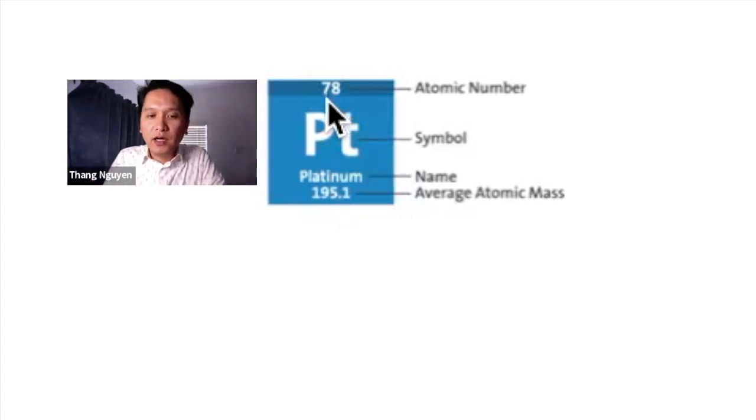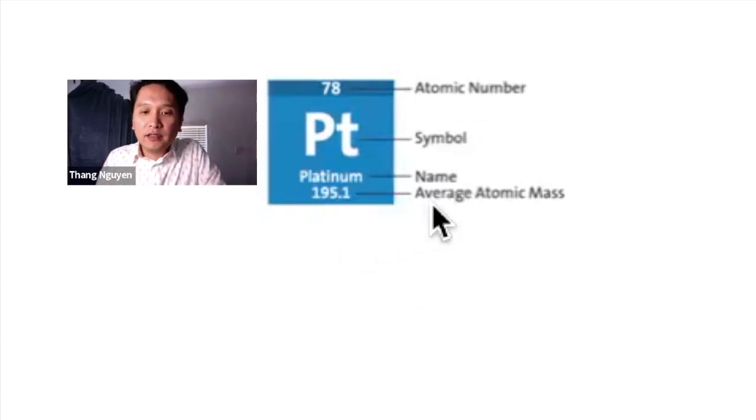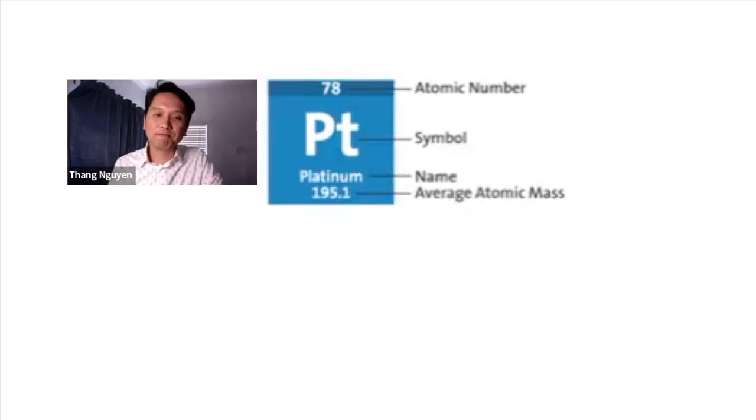The one number we talked about already is called the atomic number, again, which is the number of protons an element has. The other number is called average atomic mass. So the atomic mass is basically the mass of each atom on average. And we'll talk about why it is called average at the end of this lecture. Okay, so we'll come back to that.